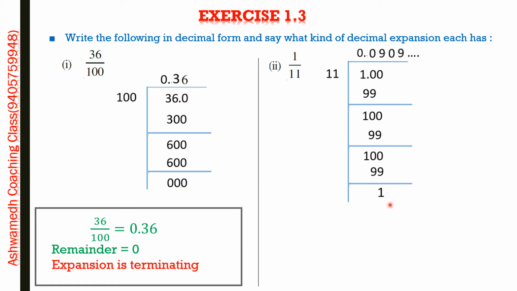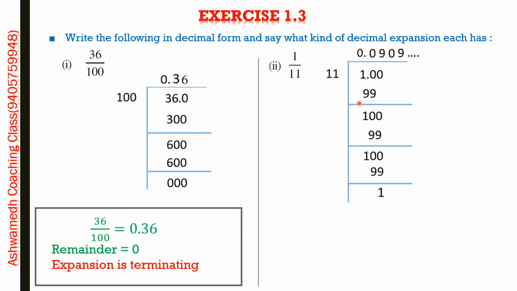This process has no end, so we get 0 9 0 9 0 9 in the quotient. We cannot completely divide 1 by 11, and every time we get a remainder 1.